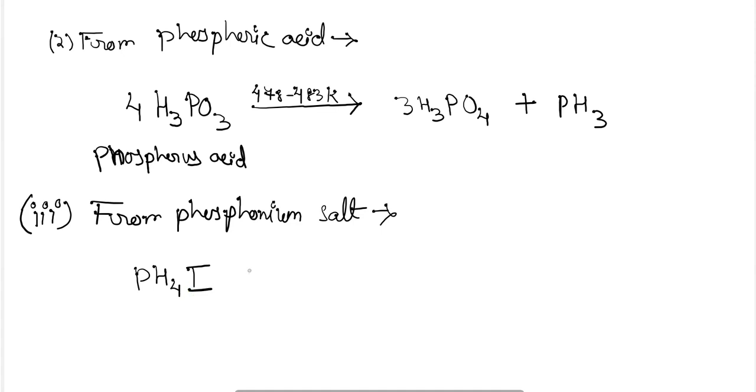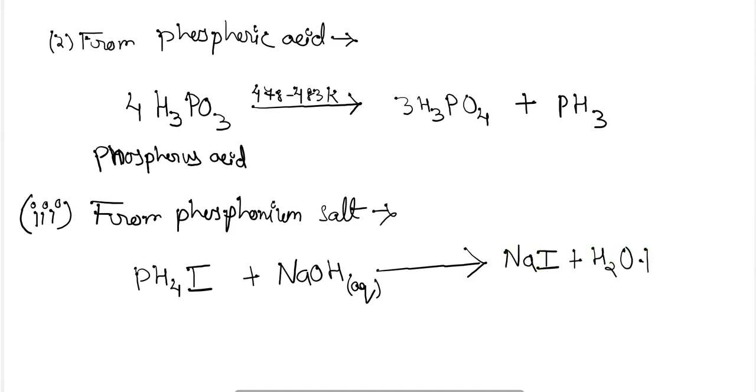When phosphonium iodide is treated with caustic soda, a solution of caustic soda in aqueous state, phosphine will be released along with sodium iodide and water.